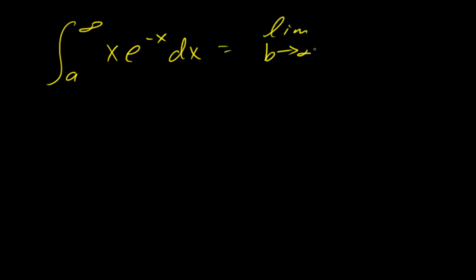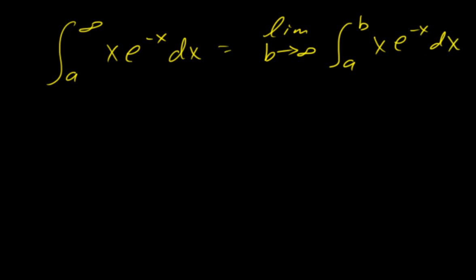Alright, this next one, we're going to say a to infinity of x e to the negative x dx. Okay, and this just equals the limit as b approaches infinity from a to b of x e to the negative x dx.